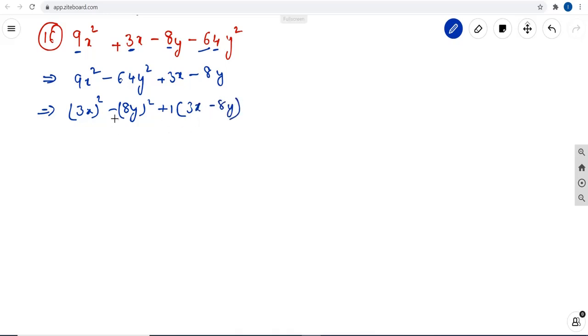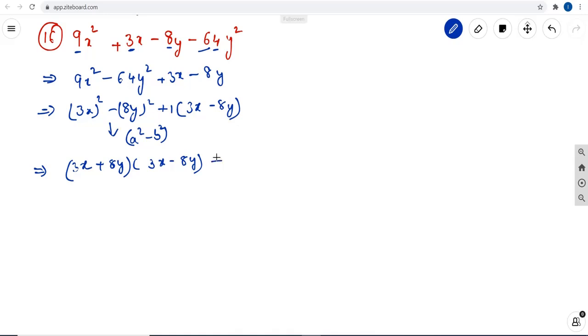Now this is in the form of a square minus b square. In this identity, what is a? a is 3x, so this becomes 3x plus, what is b? b is your 8y. That is one term. And one more term is 3x minus 8y.